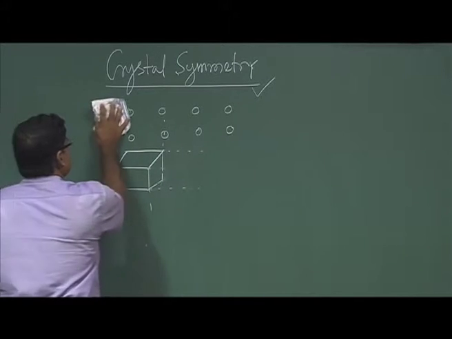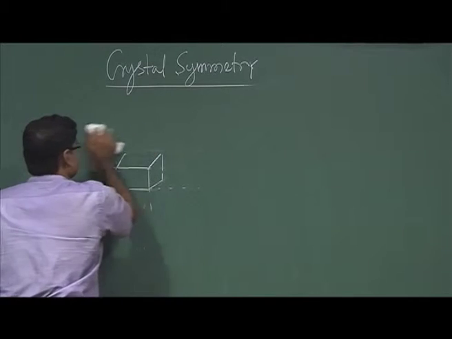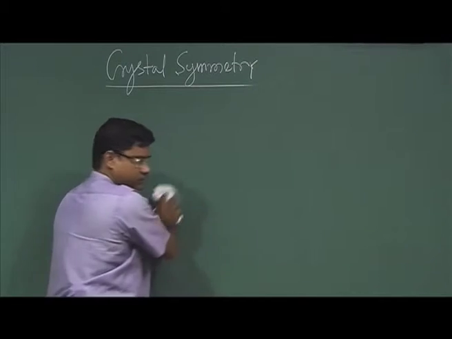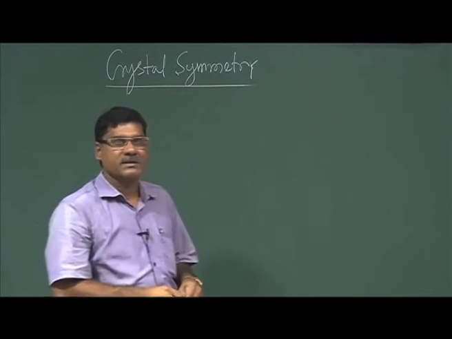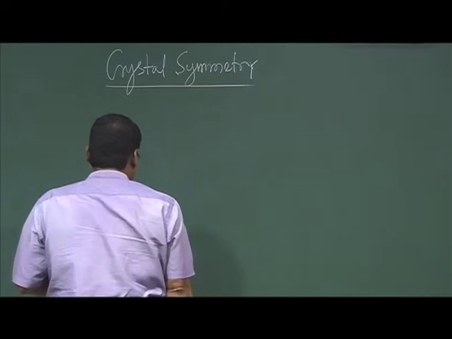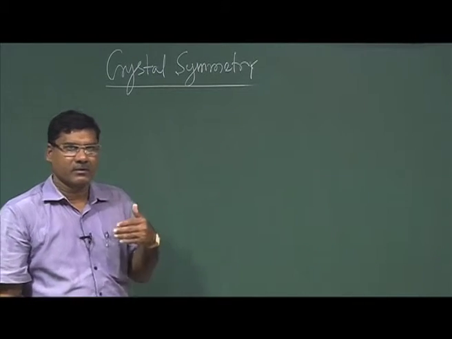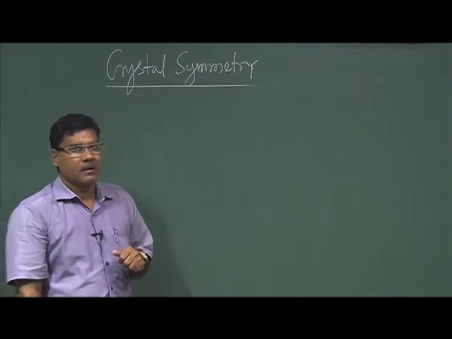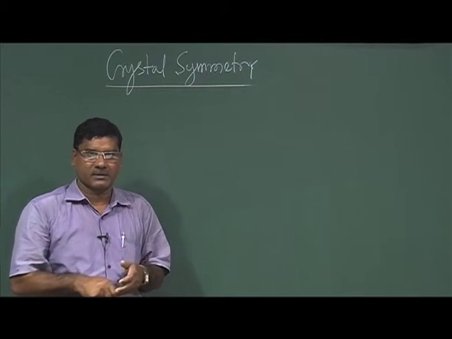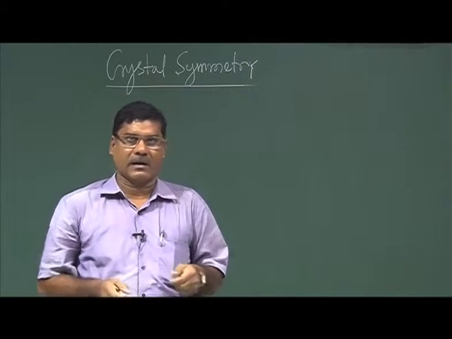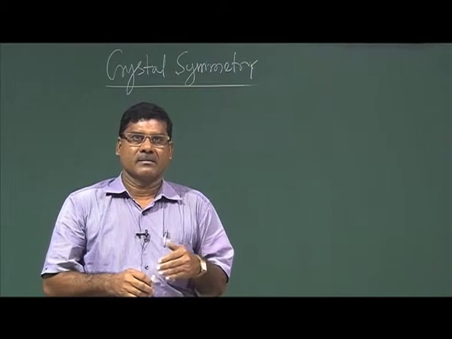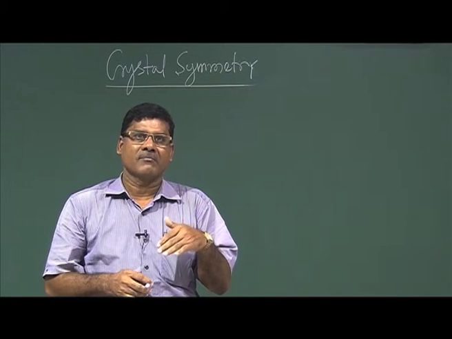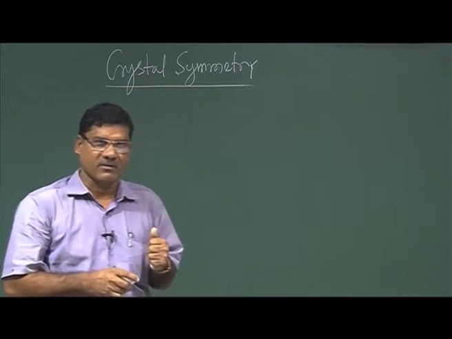So, there are mainly 4 types of symmetry elements or symmetry operations one can apply on a crystal. A symmetry operation is when you operate on a system, whatever change occurs, after that operation it comes to its original configuration.